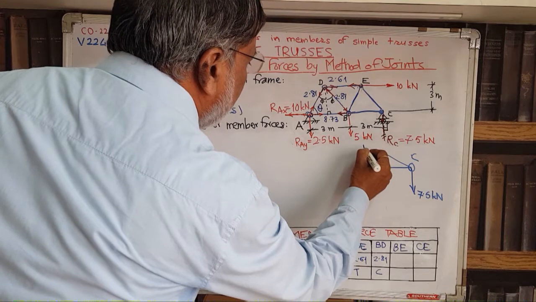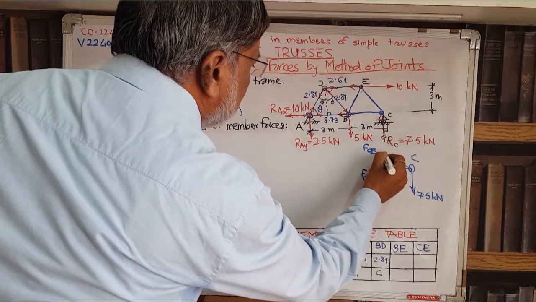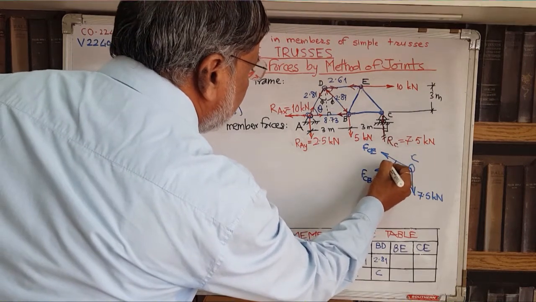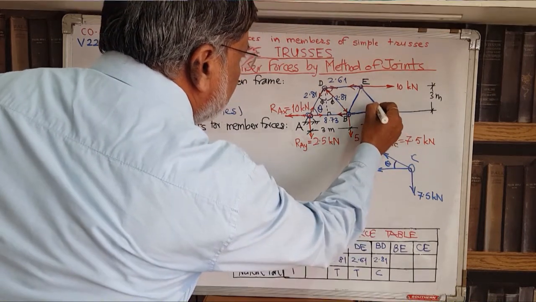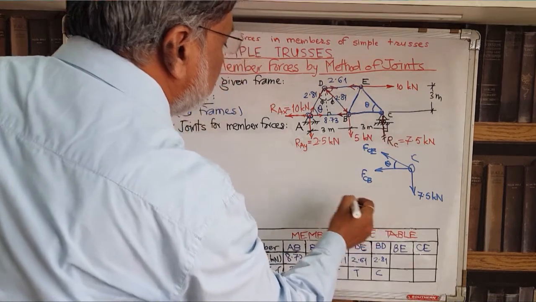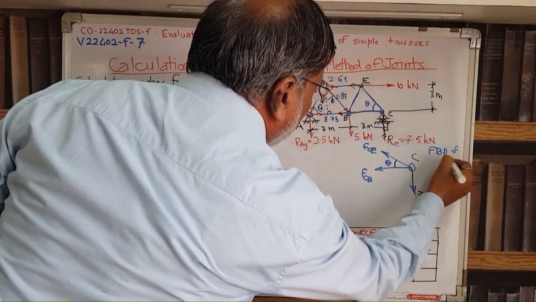This is force FCE. Its direction is also not known, so we will assume its direction like this. This angle is theta. This angle is already calculated in the earlier videos. So this is the free body diagram of joint C.